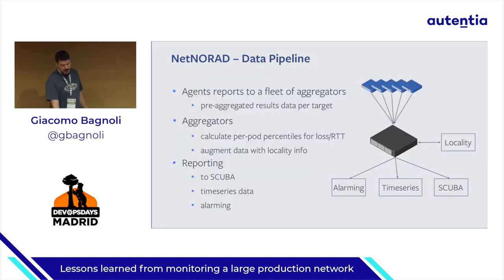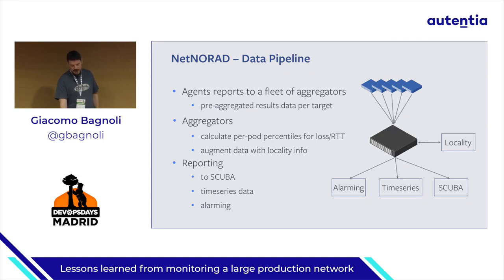Then the agents report the samples back to a fleet of aggregators. The aggregators aggregate, and we calculate aggregated data, for example, for this particular set of the network, what is the loss and the average RTT or percentiles, and we augment the data with locality info.